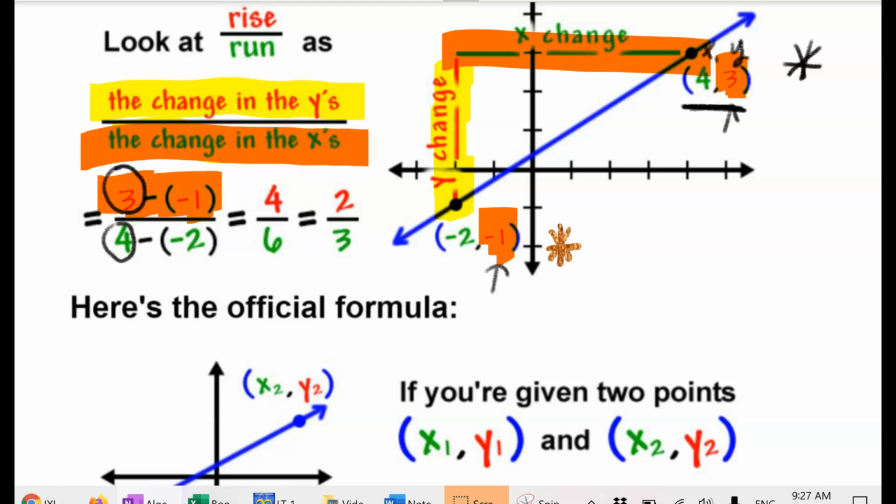So we took the 3 from here, and then when I went to use this 4, I started with, this is my first point, basically. These ones came from this one here and this one here.